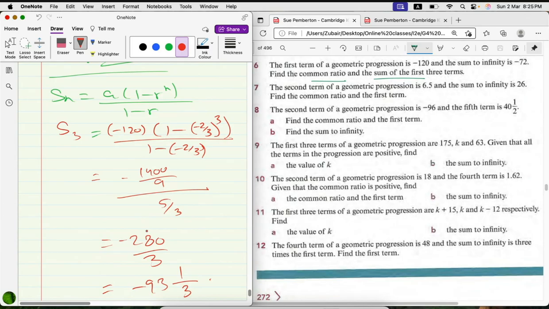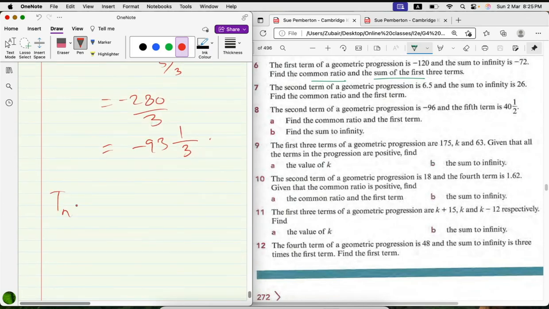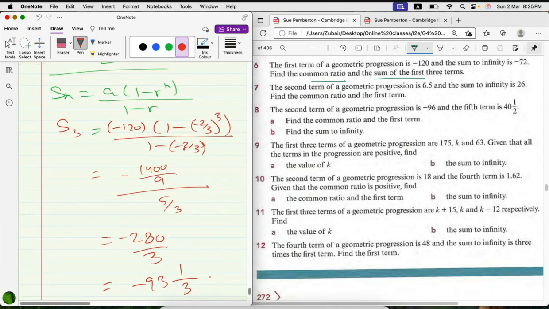Yeah, that is just for the term number. The term number is ar raised to power n minus 1, and the one that we just did was for the sum. Oh, okay. Yeah. Do practice these.